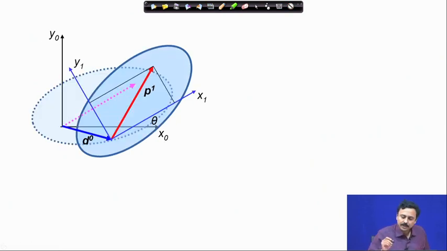Under general motion, the body moves like this and the frame also moves in this manner.